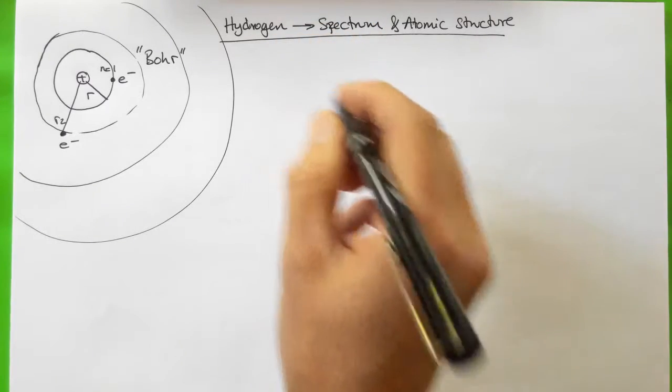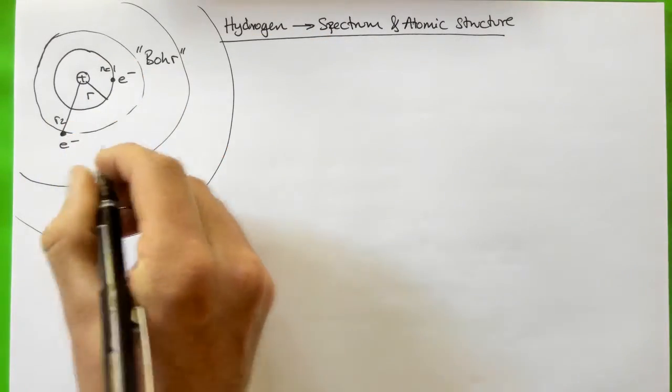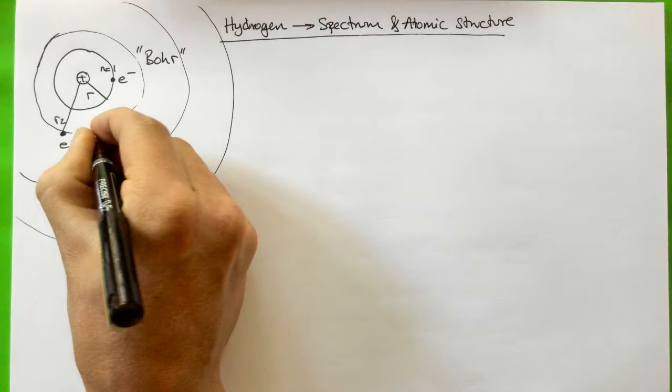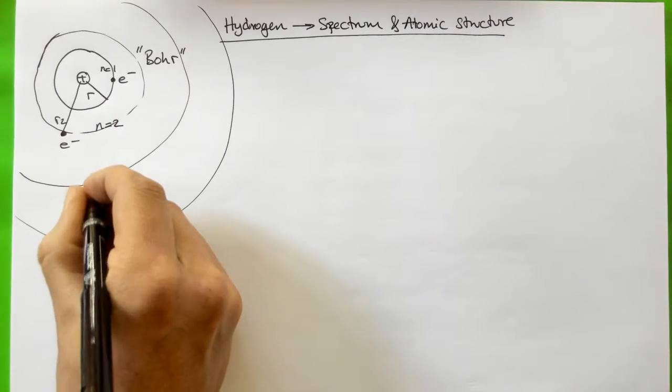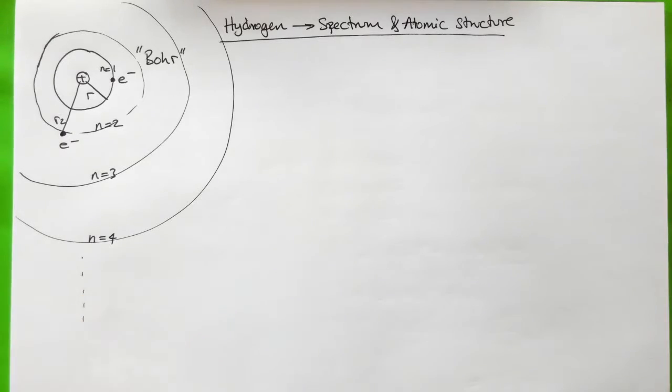Now in Bohr's model, there's an equation which describes the potential energy that the atom has at each energy level. This is n equals 1, this is the second energy level, n equals 3, n equals 4, and so on until it leaves the atom.